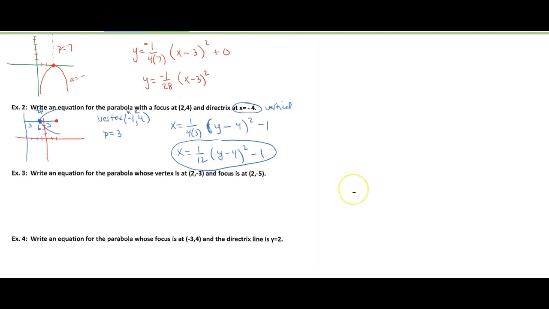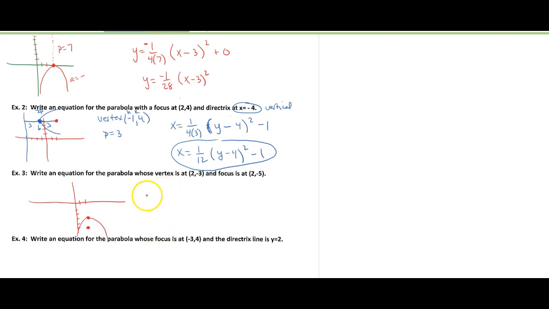Example 3. If I sketch this graph, my vertex is at 2, -3, and my focus is at 2, -5. Remember, the parabola always has to eat the focus, so I know this is opening down.